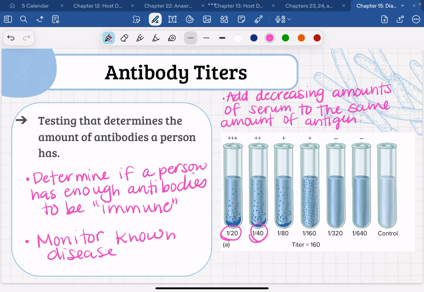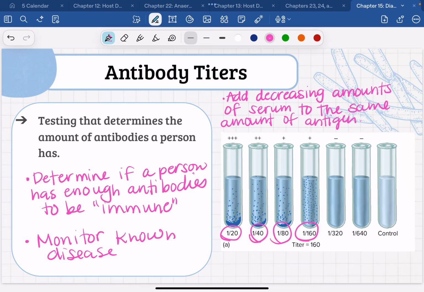In this one, it's 1 to 40, which means we've cut the concentration in half. We've added half the amount of serum. In this one, it's 1 to 80, which again, we've cut the amount of serum in half. So we're adding decreasing amounts of serum to each one of these tubes. And this person has a reaction all the way down to 1 over 160.